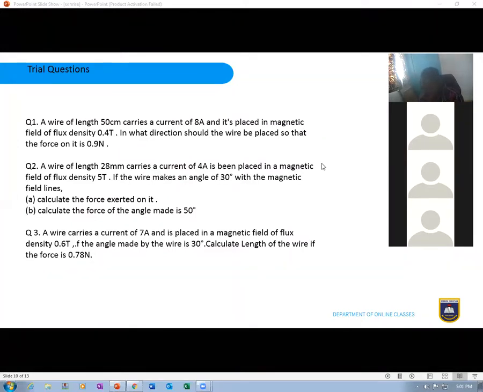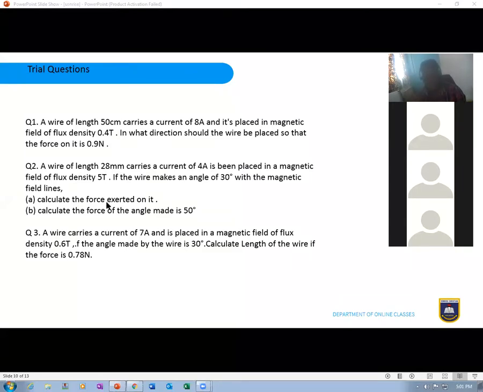Or you can say 28 times 10 raised to the power -3 meters, since milli is -3. So that's the length you are going to use. The current is 4 ampere and the flux density is 5 Tesla.